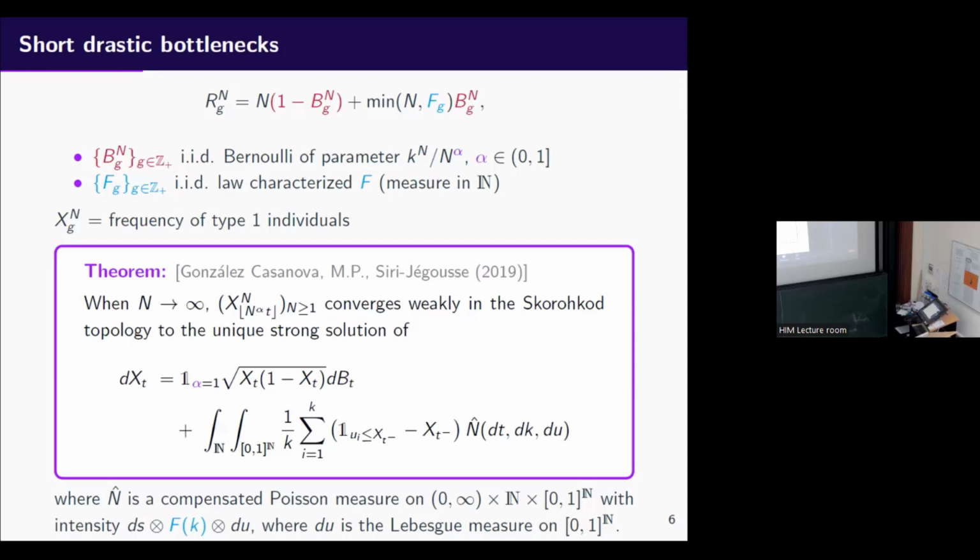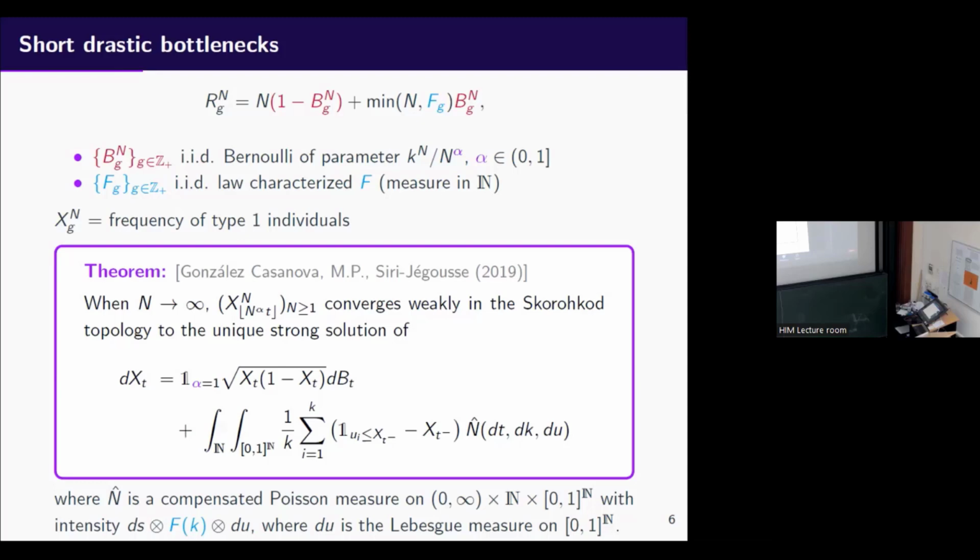Each time there is a demographic bottleneck and your population is reduced, you can have jumps in the diffusion process. So if you remember Jason's talk, when he talked about the lambda coalescent, he had a similar term, but here it's a bit different. What is going to happen is that when there is a bottleneck that reduces the population size to k, the diffusion process has to jump to some number divided by k, because you only have k individuals, so the frequency has to be some number divided by k.